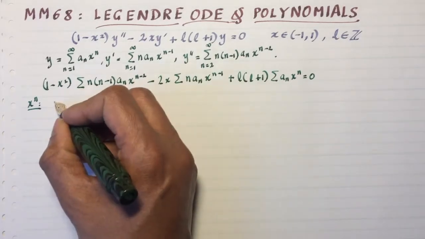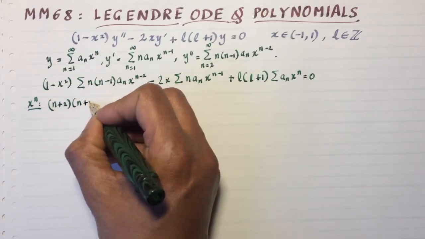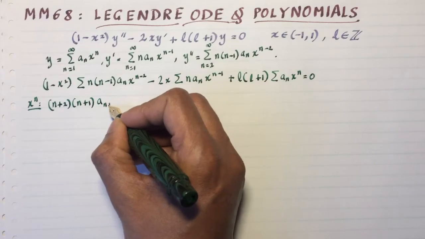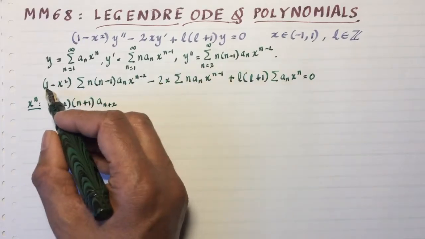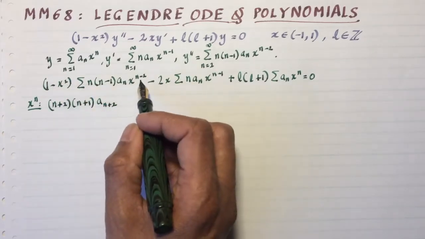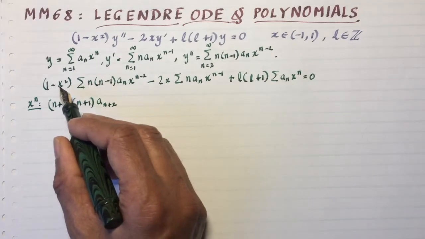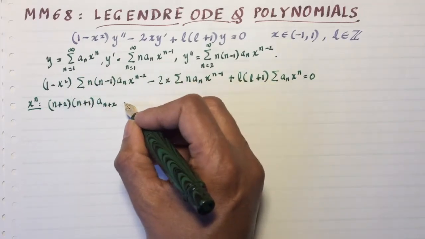So I'm going to get n plus 2 times n plus 1 a_(n+2), because that gets multiplied by x to the n when you advance the index by 2, since 1 does not contribute a power of x. For the next one, you keep x to the n minus 2, because x squared times x to the n minus 2 gives you x to the n. So you don't advance the indices any.